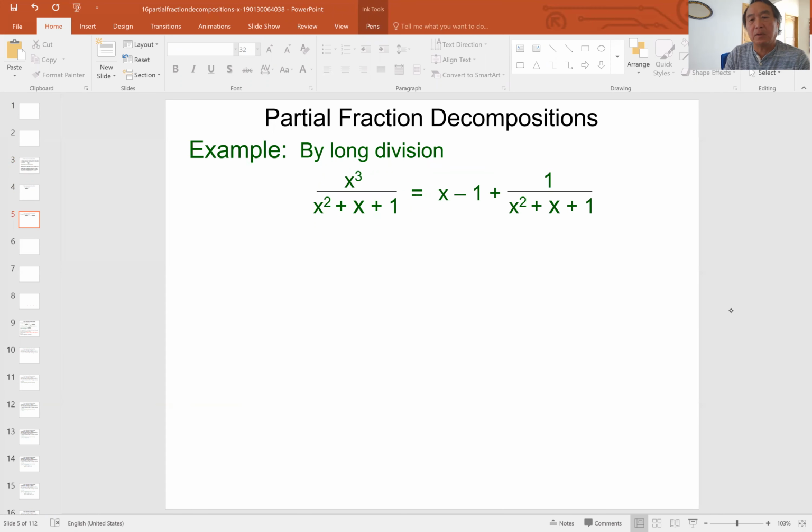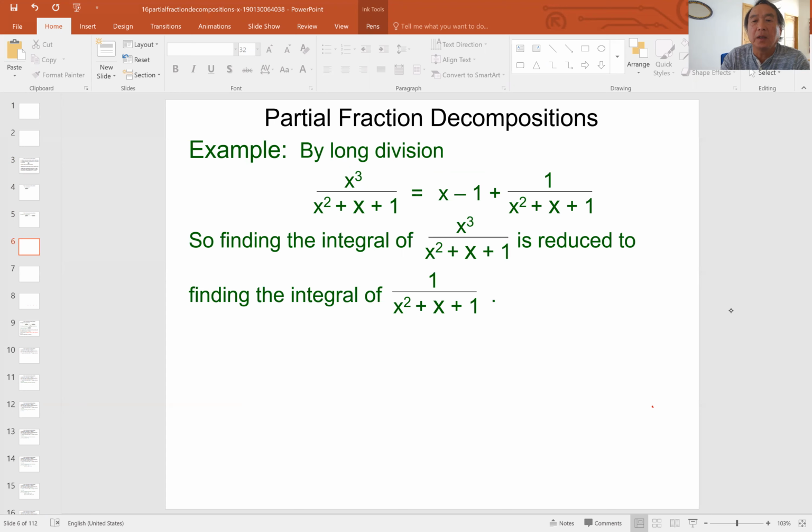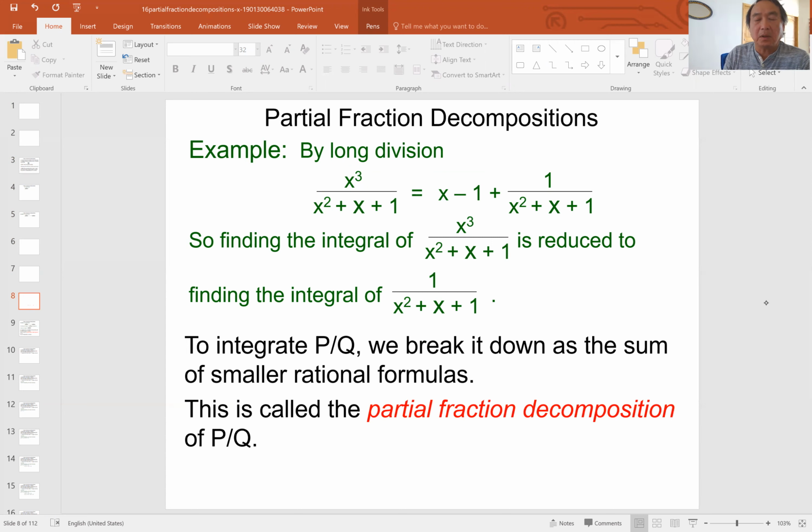So for example, we can break it up into integrating then therefore only this fractional part. And so then we further break up fractions of this type, P over Q, with the degree of Q bigger, bottom degree bigger, we would do something called partial fraction decomposition.